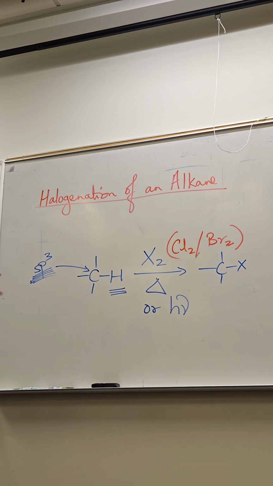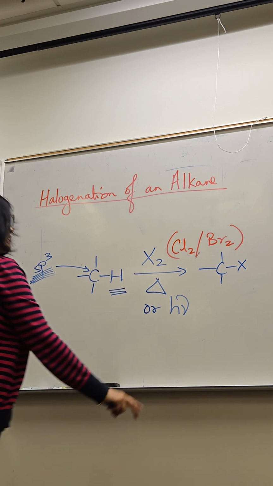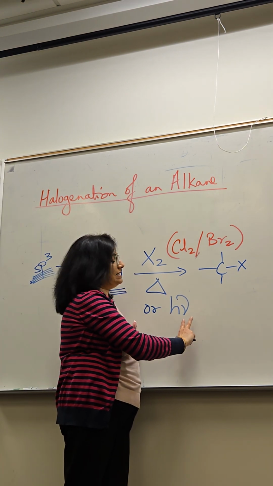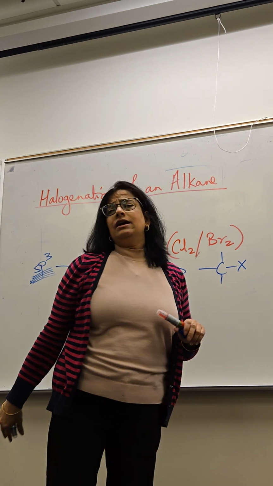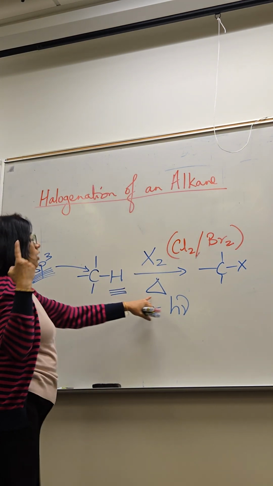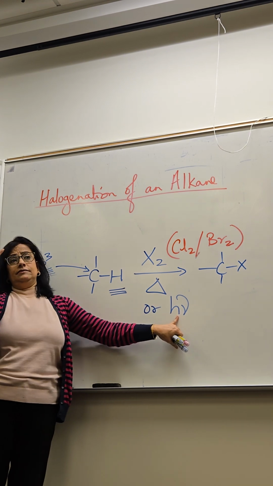That's not v, as in velocity. That is nu, which is, what is nu? Planck's constant times frequency. That's the energy of electromagnetic radiation. So the energy is either coming from heat or coming from light.